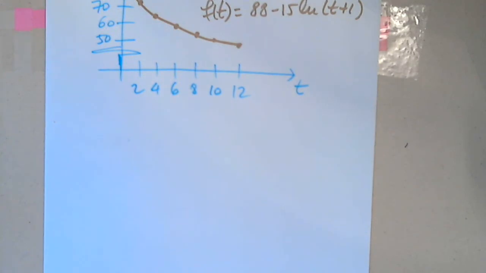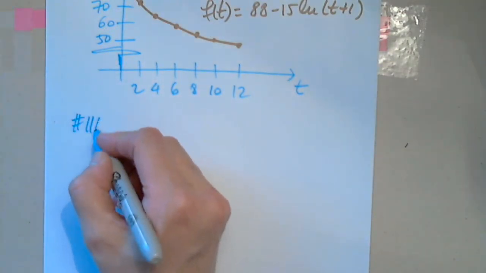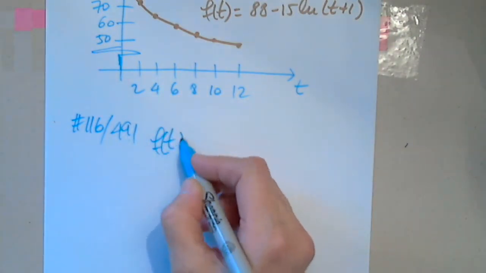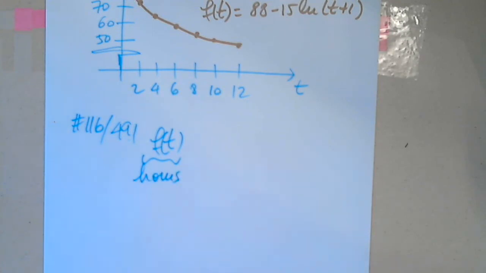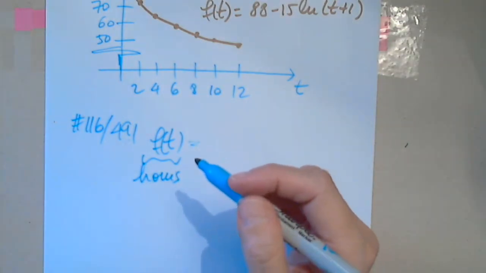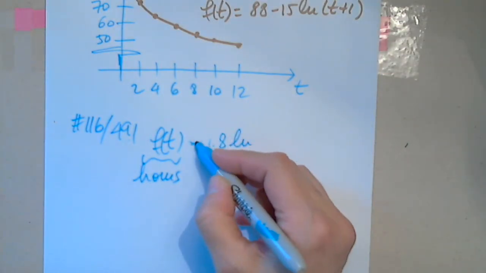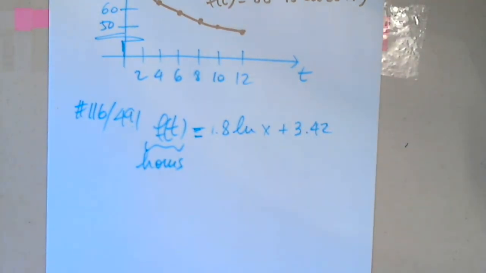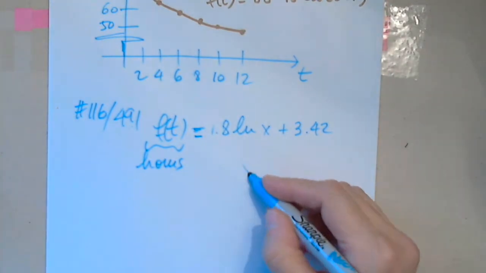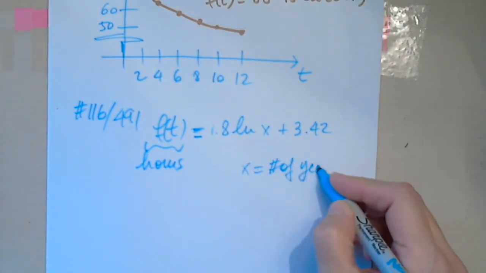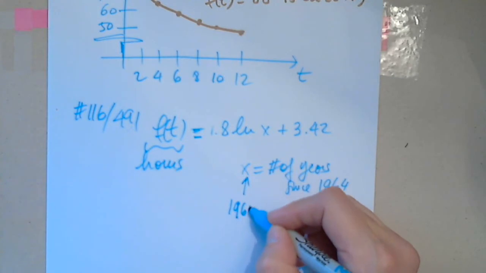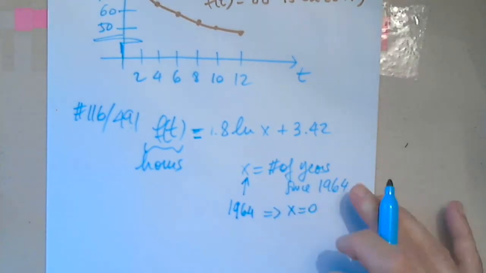So now I'm ready to copy down the information. This is number 116 on page 491. They are giving us the function, and this is hours. And always take notes when you read the problem, always. So we have 1.8 natural log x plus 3.42, x is the number of years since 1964, which makes 1964 x equals 0.